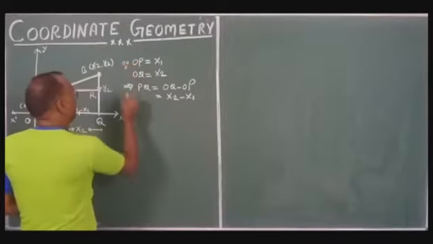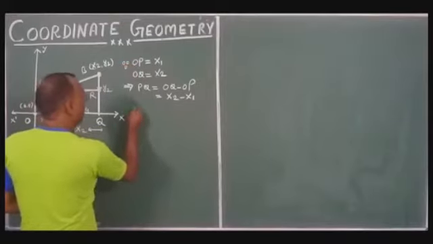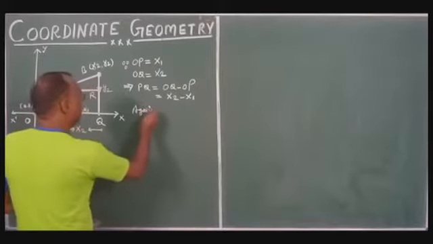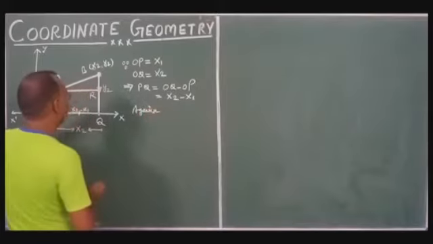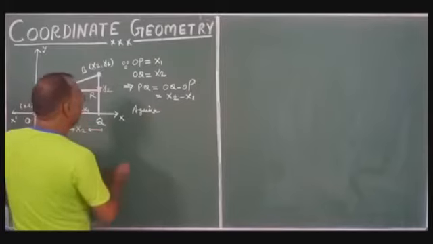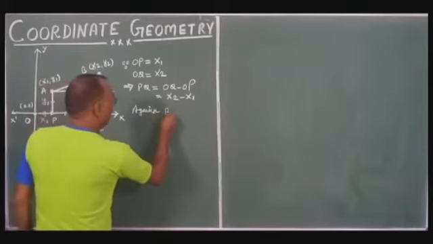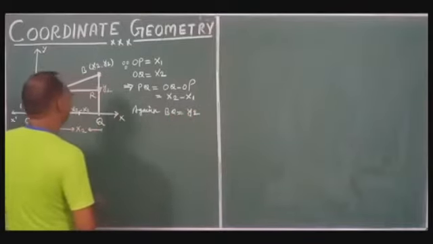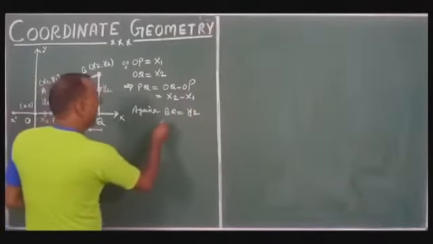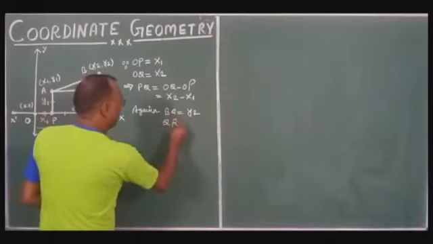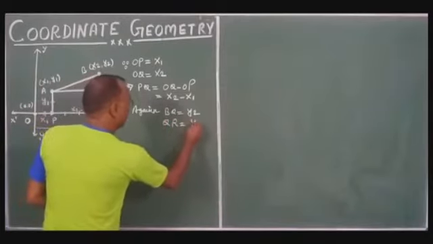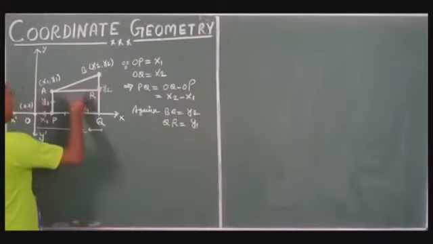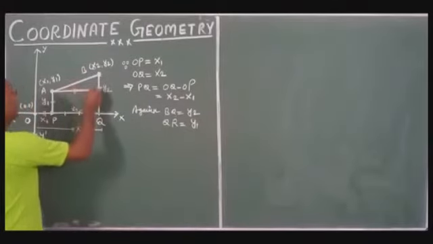Since BQ is y2, QR is y1, because this line we have to draw parallel to this.